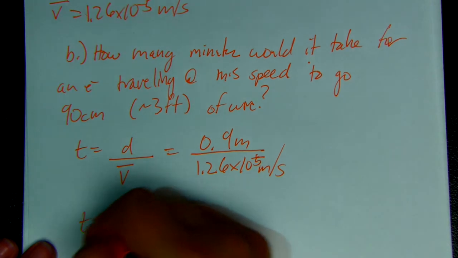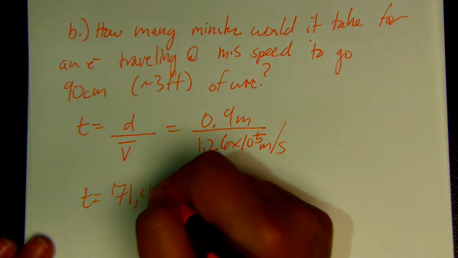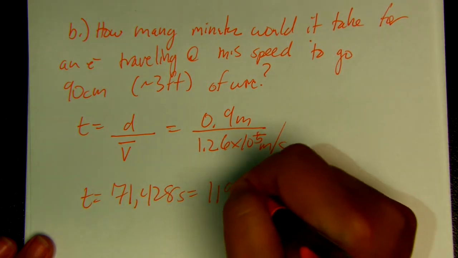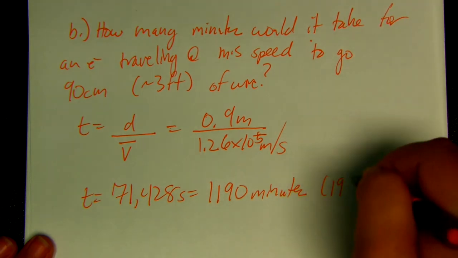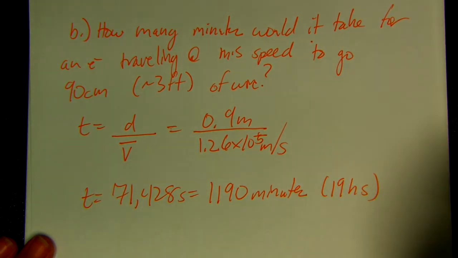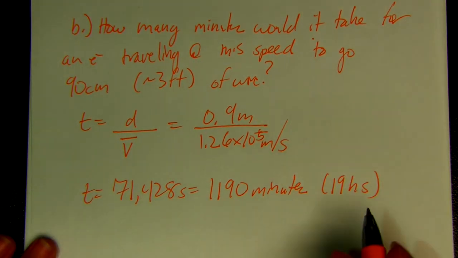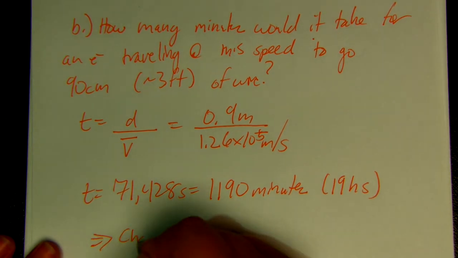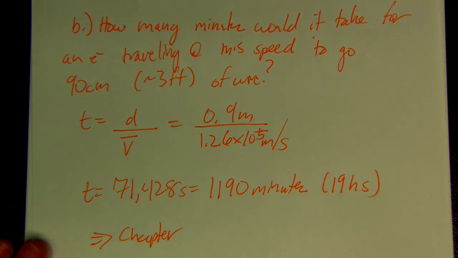And so we get T is equal to 71,428 seconds, which is equal to 1,190 minutes, which is equal to 19 hours. Does it take 19 hours for a light to turn on? Very, very interesting. So we will come back to this in chapter 18 and find out the mystery of the slow electrons.